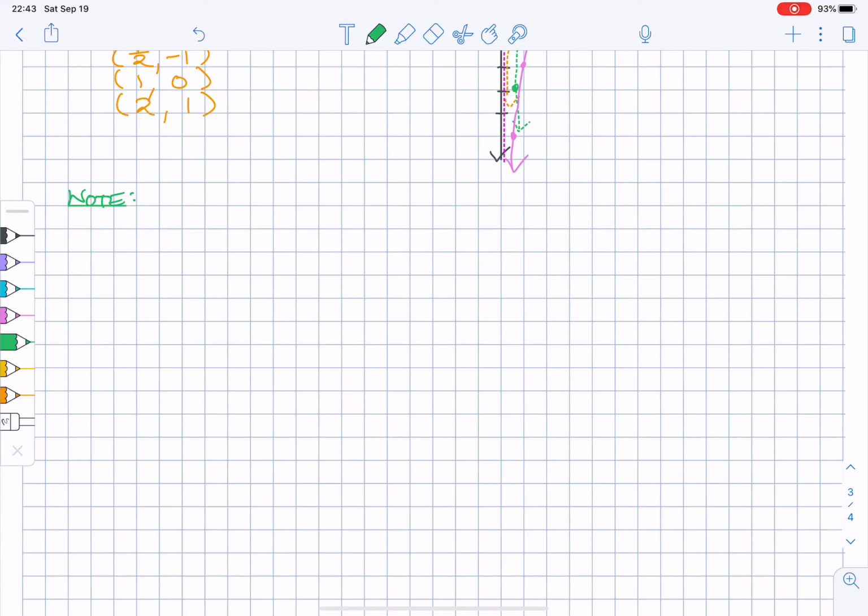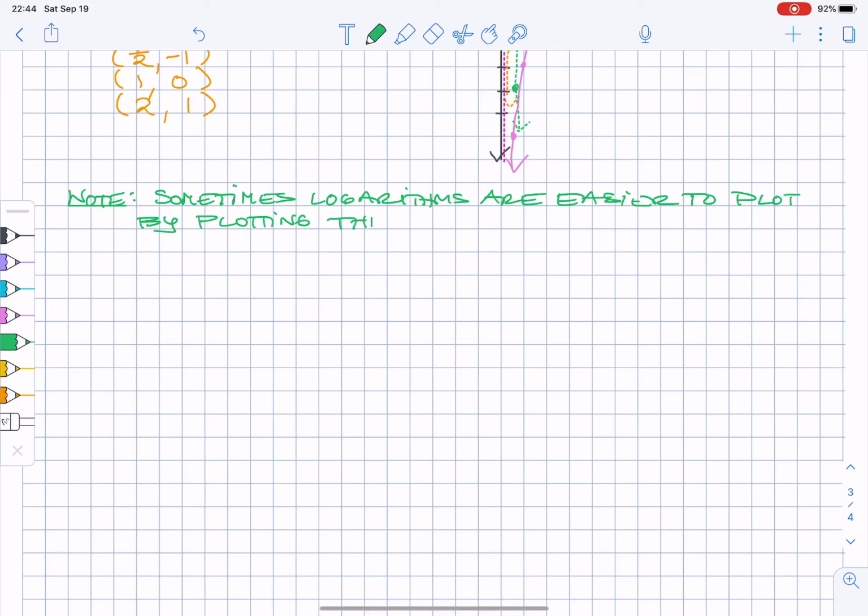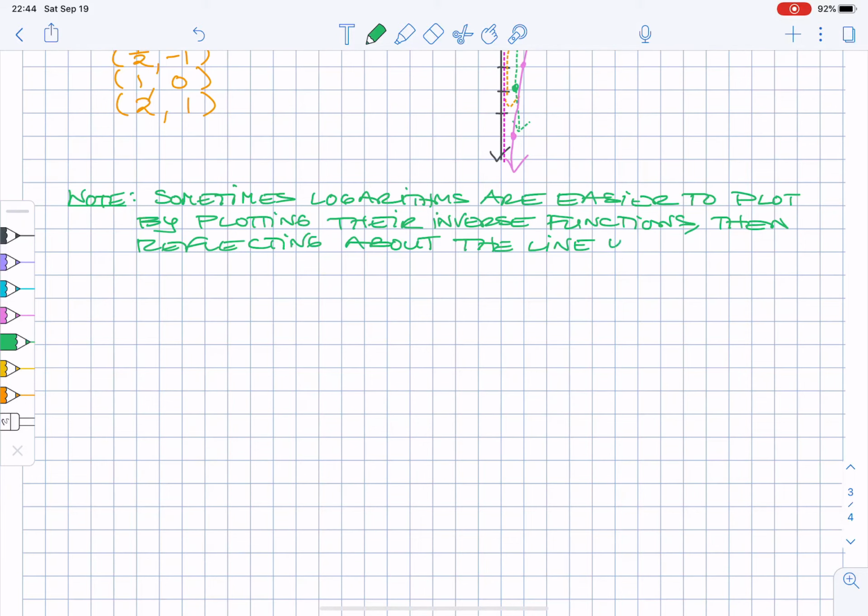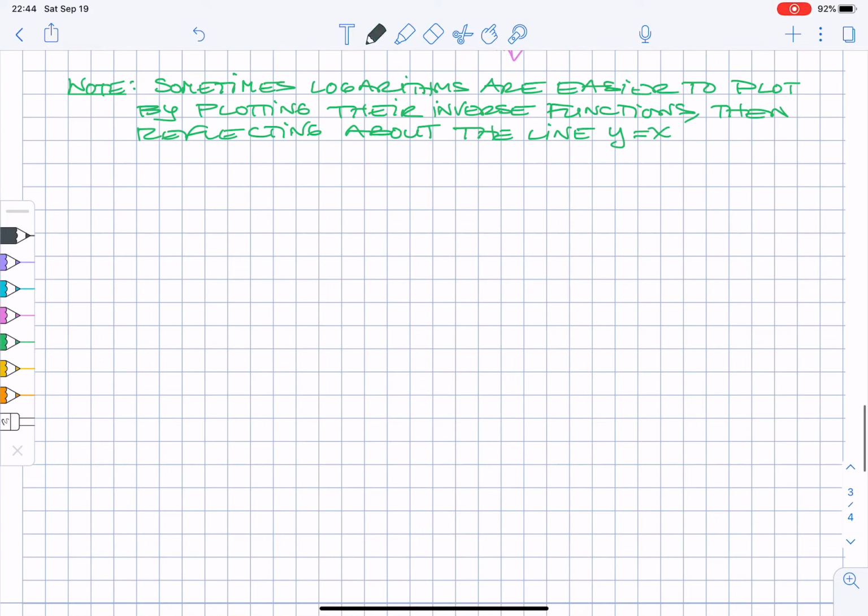Note: sometimes logarithms are easier to plot by plotting their inverse functions, then reflecting about the line y equals x. Okay, so for example, let's just do an example.